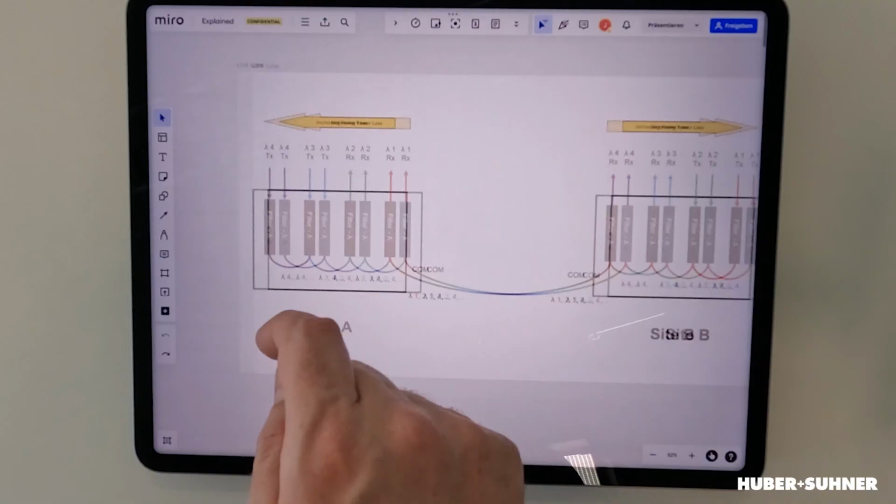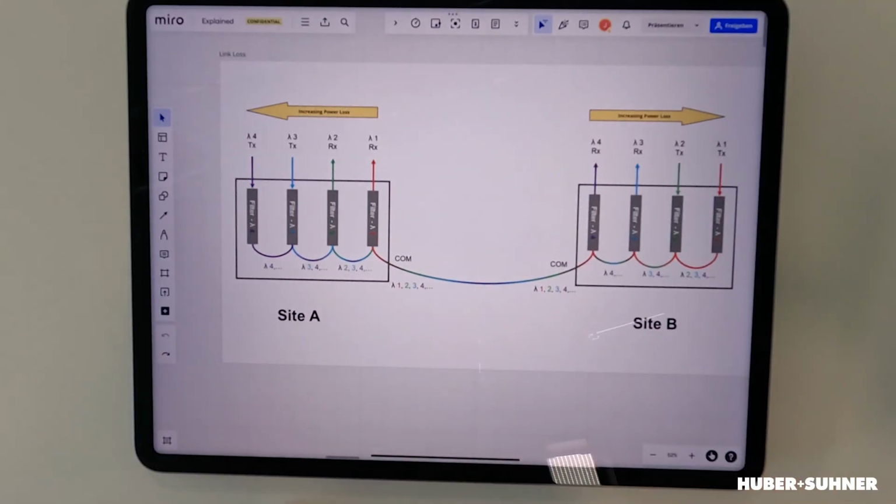Now there is one important thing to know about the link loss, and that is that it is based on an ideal pair of multiplexer and demultiplexer, especially when we're talking, once again, about the filter cascade. As I described beforehand, with a filter cascade, the insertion loss for each individual channel can vary depending on the position in the filter cascade.